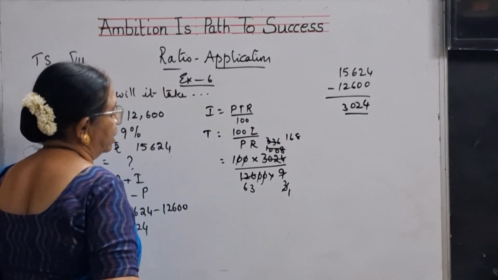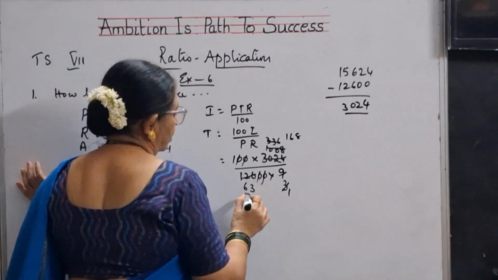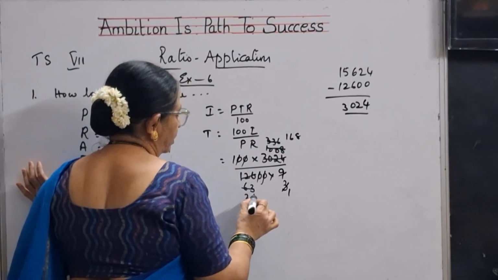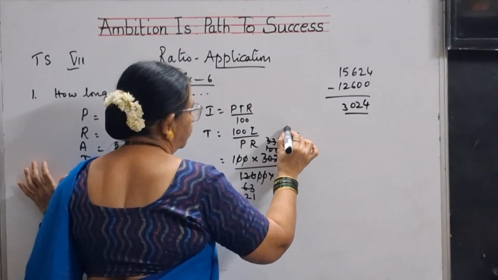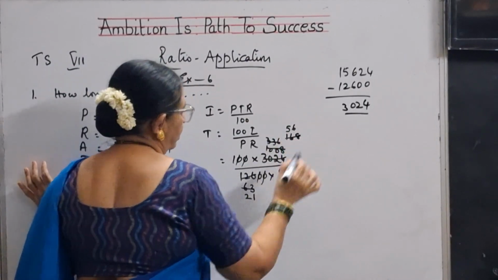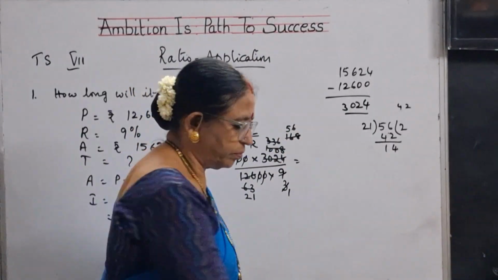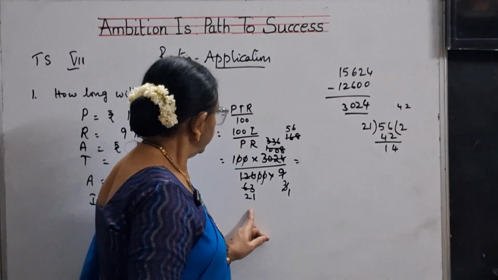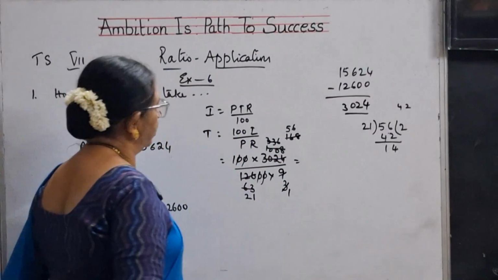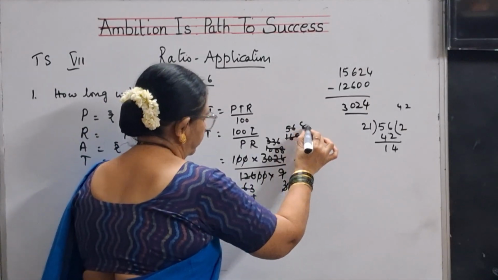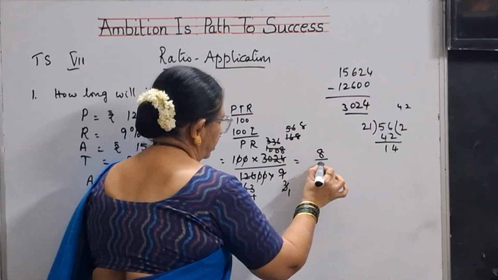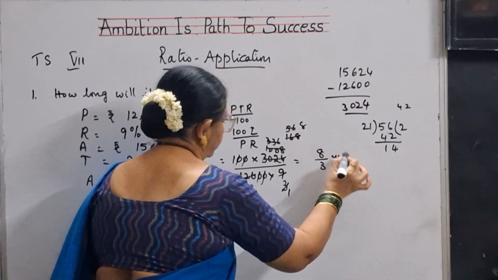So 63, then 3 twos are, 3 ones are, 3 fives are 15, 3 sixes are 18. Again, 21 and 56 can be cancelled by 7. 7 threes are 21, 7 eights are 56. So you are getting 8 by 3 years.